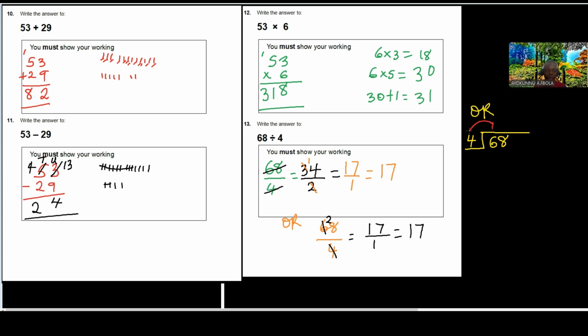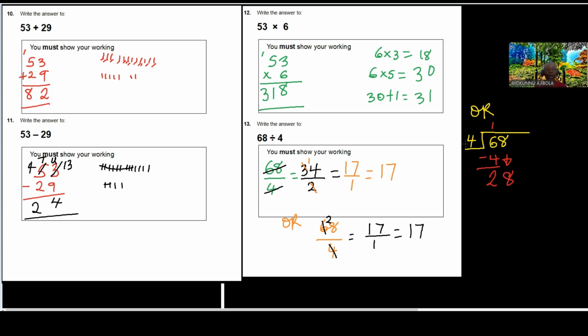Then 1 times 4 is what? 4. Then what is 6 minus 4? That's 2. Then I'll bring down the next digit. What's the next digit there? 8. So I'll bring down the 8.